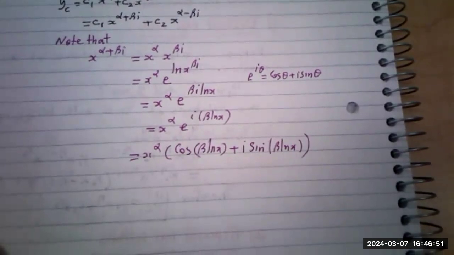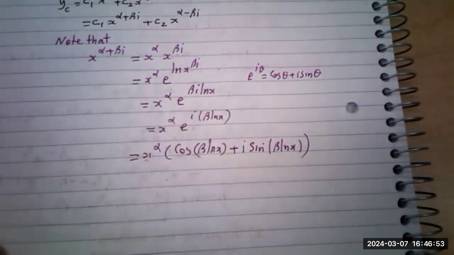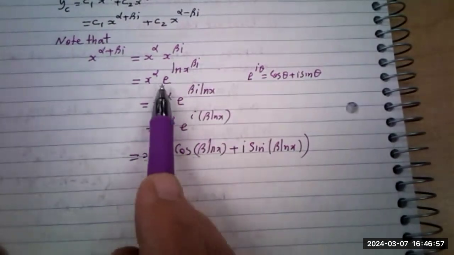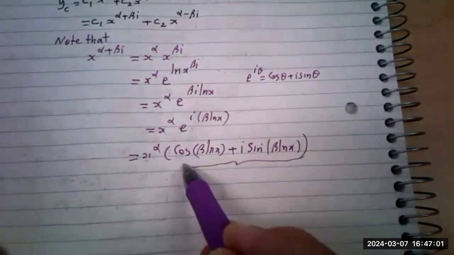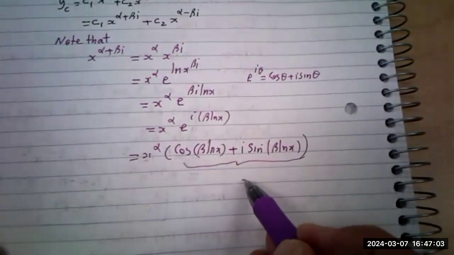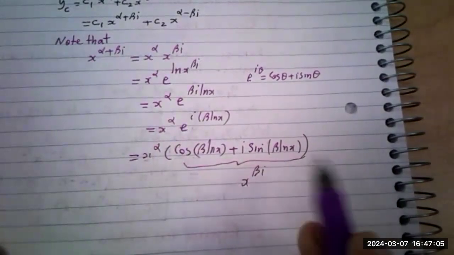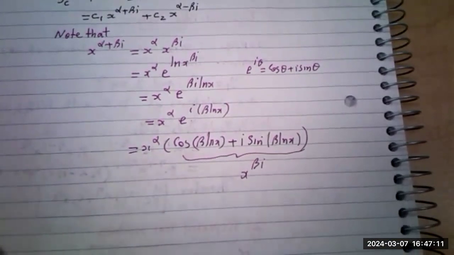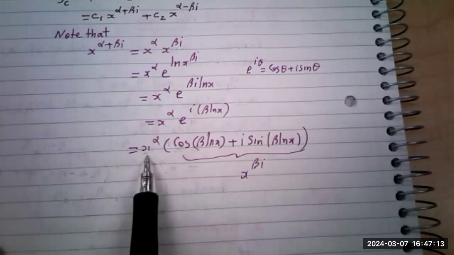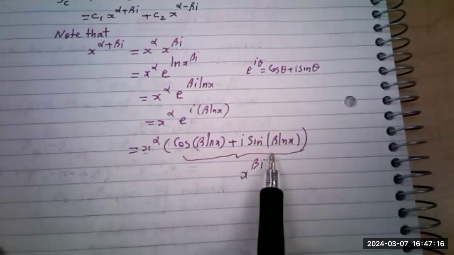So what we did all together is this. Basically, remember this was just x to the beta i that we started with. Going back, the solutions are going to be of this form, x to the alpha.